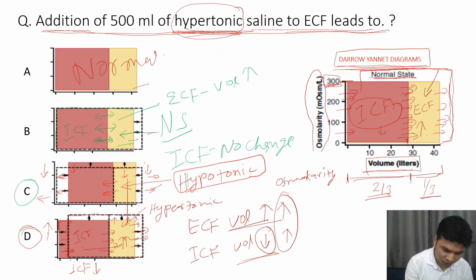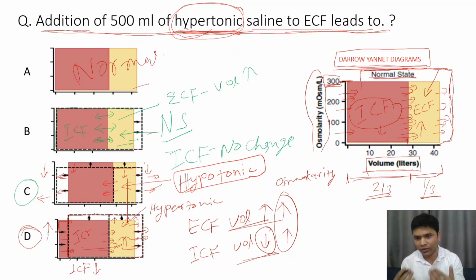If you infuse hypertonic saline, what will happen? You are going to infuse into the extracellular fluid, so extracellular fluid volume is going to increase, and because of the high osmolarity, extra water will come from the intracellular fluid also. So intracellular fluid volume will decrease and extracellular fluid will increase more than the infusion, because some more water will come from the intracellular fluid.